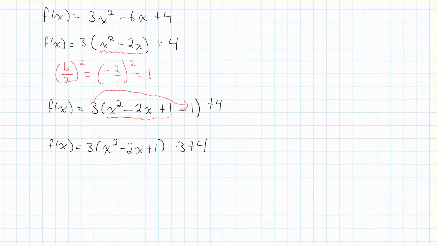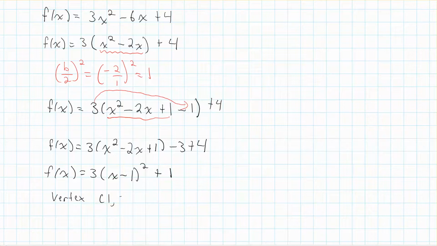And now we can finish and put this in the standard form. And this would be x minus 1 quantity squared, minus 3 plus 4 would be plus 1. And so then we have a vertex of 1, 1.